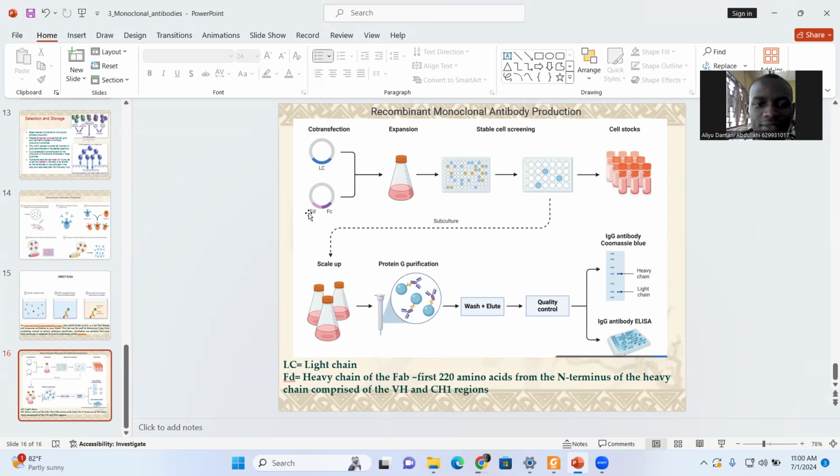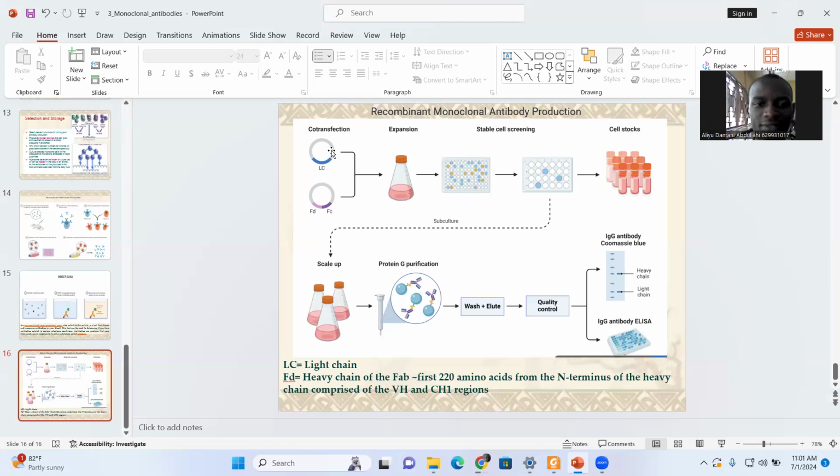This FD is the heavy chain of the FAB, the antigen-binding fragment. So it has been inserted into this vector. And then we have the FC region, which we already know. FC is the crystallizable fragment, also inserted into this vector. The LC here is the light chain of the antibody.